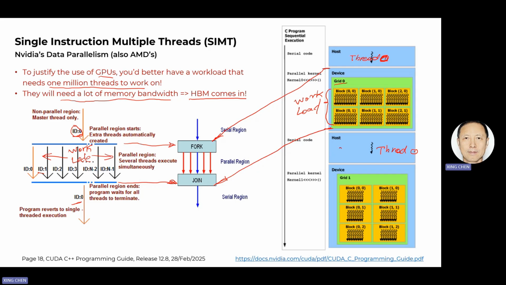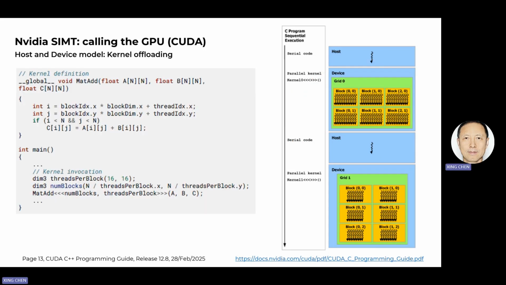How could this be done? Let's move on. Here is a piece of sample code. This code is going to explain how this will be done. You have a C program. This is the starting point of the C program.